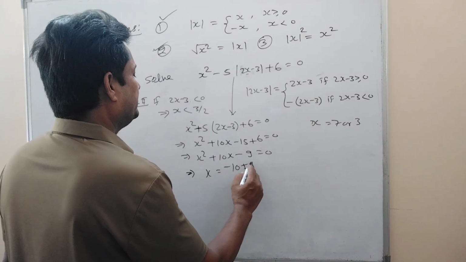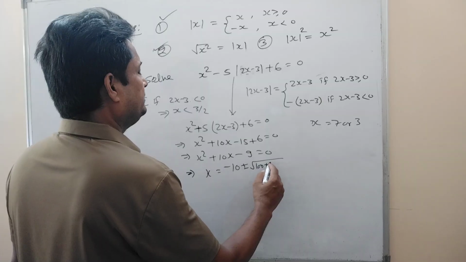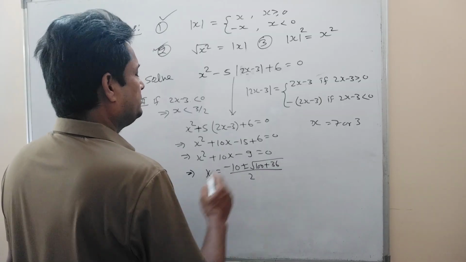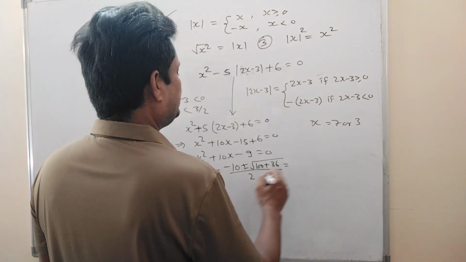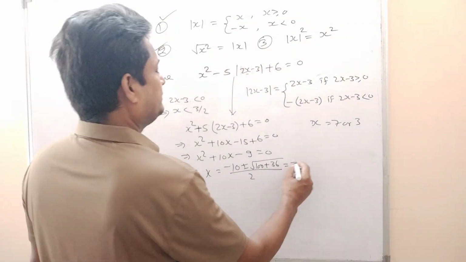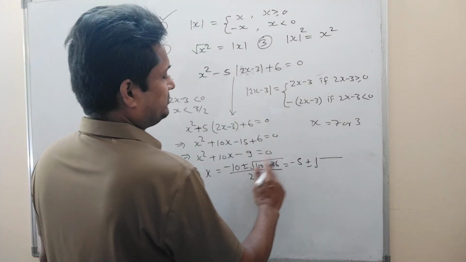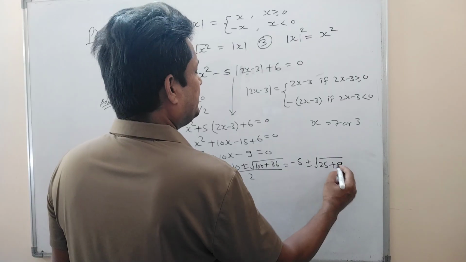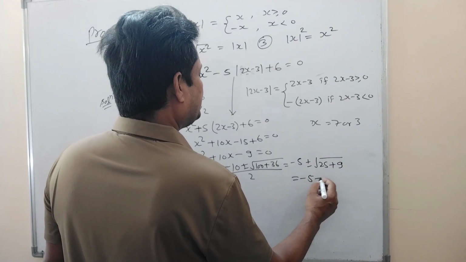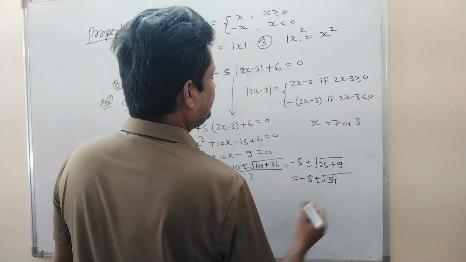Now simplify this one. This will be minus 10 plus minus under root b square minus 4ac, divided by 2. If you simplify this, we get minus 5 plus minus root of 25 plus 9, so minus 5 plus minus root 34.